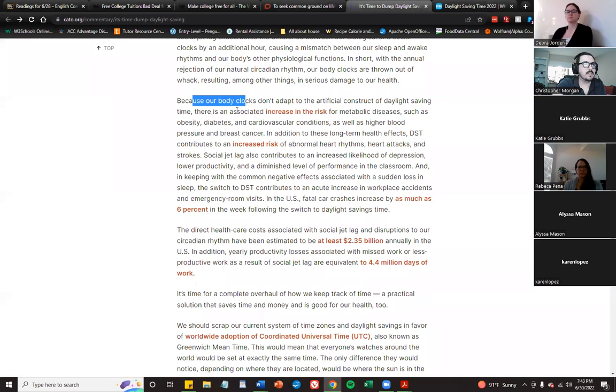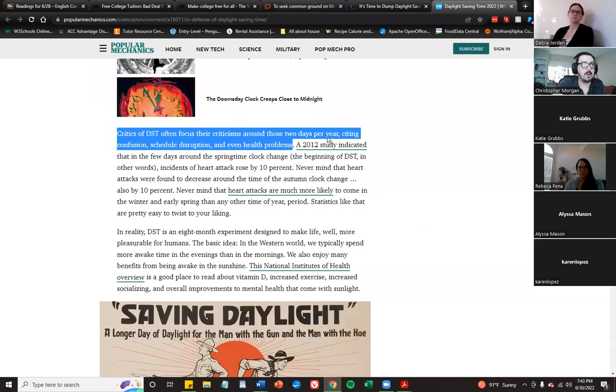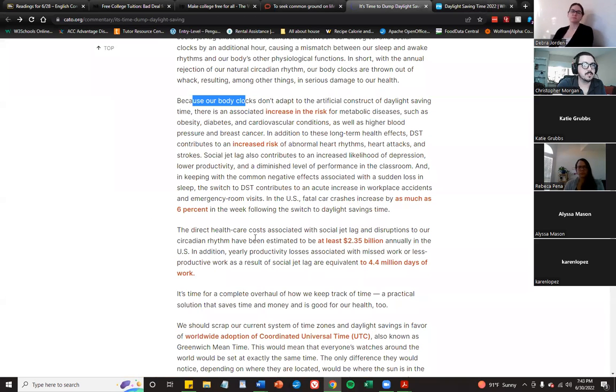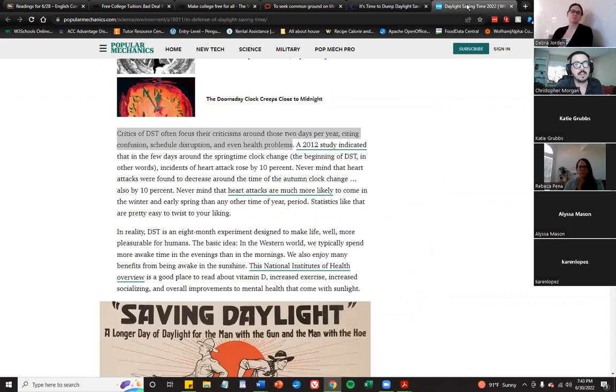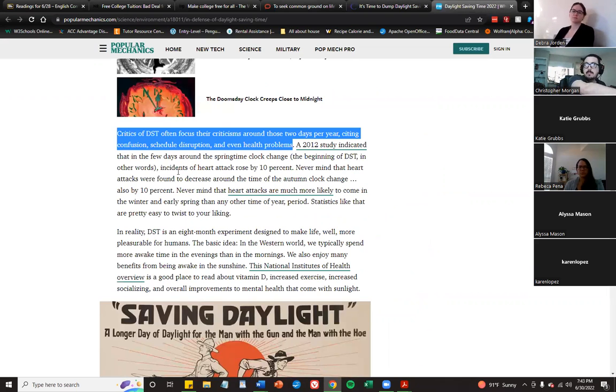He's also talking about the increased risks for different heart diseases, right? This is the health problems that he seems to be alluding to. So these guys are actually talking about the thing in the way that this person has framed the criticism. So, on the whole, I think that these articles are in conversation in a pretty meaningful way.